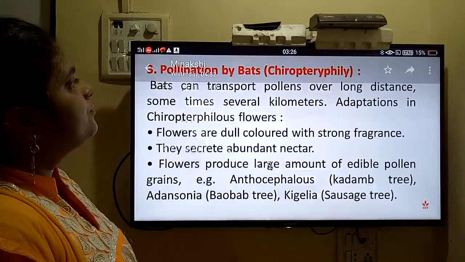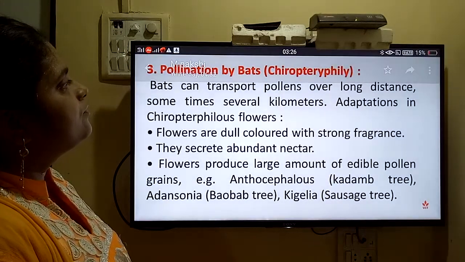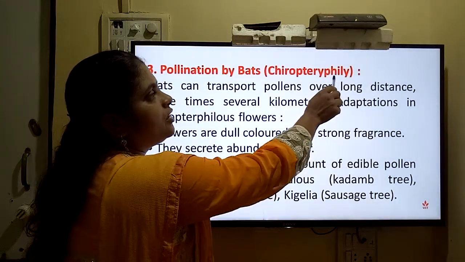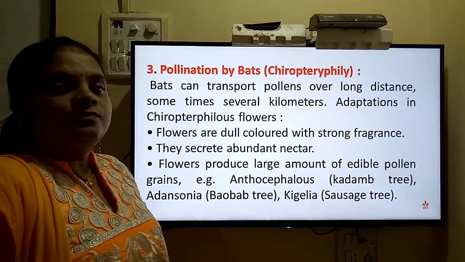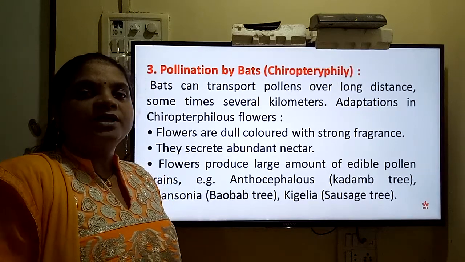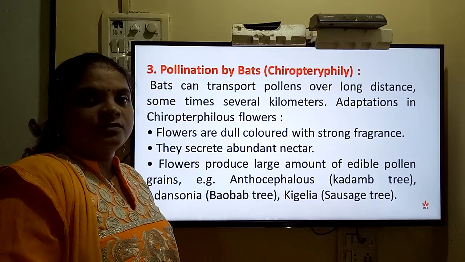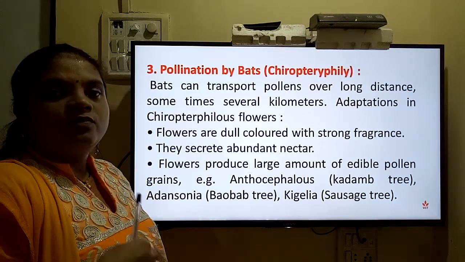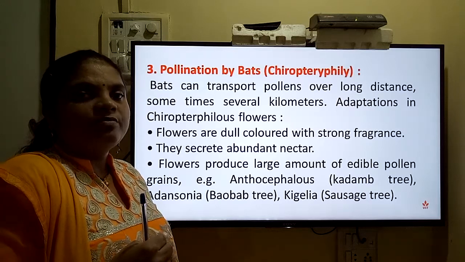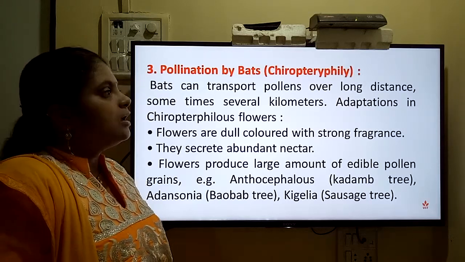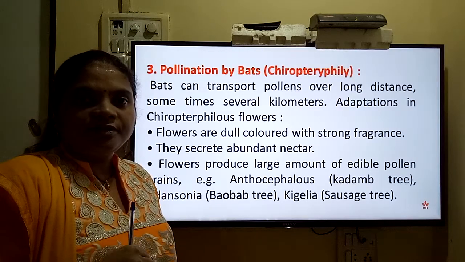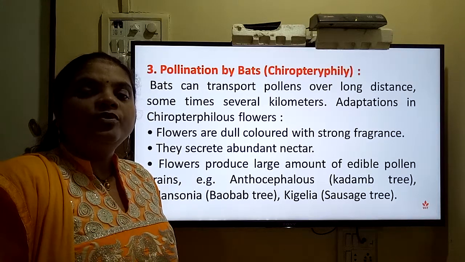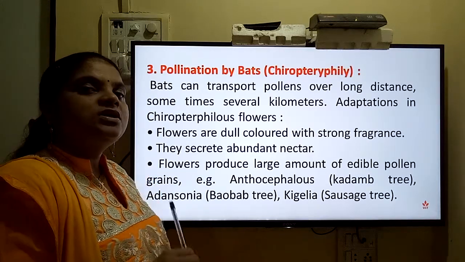Now pollination by bats. The phenomenon is chiropterophily. Again, a bat is comparatively bigger than the earlier one, the bird. So the flower should be large, with an abundant amount of nectar, and the pollen grains are edible.